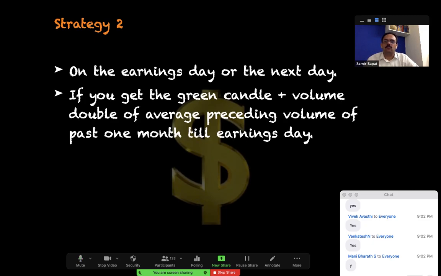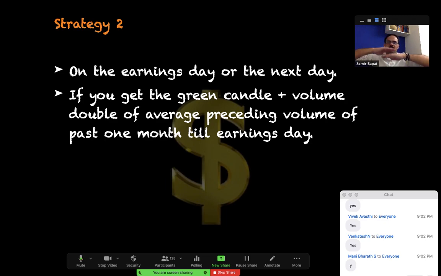So on the earnings day, the day the earnings are declared, or the next day. Why am I saying on the earnings day or the next day? Because sometimes the earnings day is, let's say, today, but the quarterly result or the presentation by the management is not given during market hours.